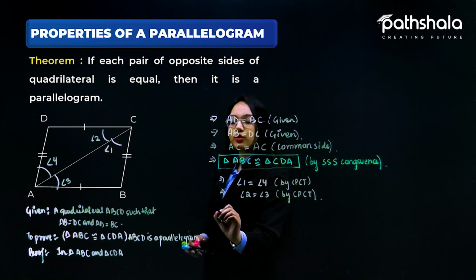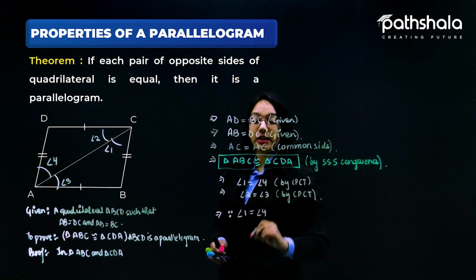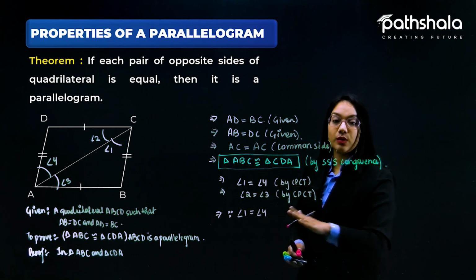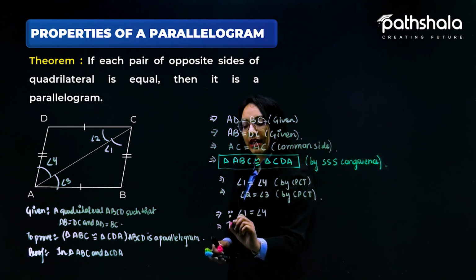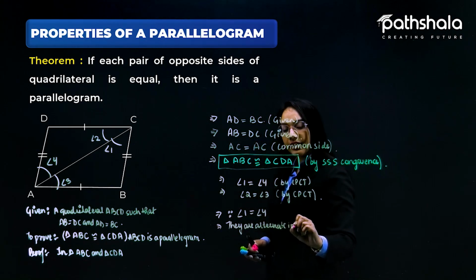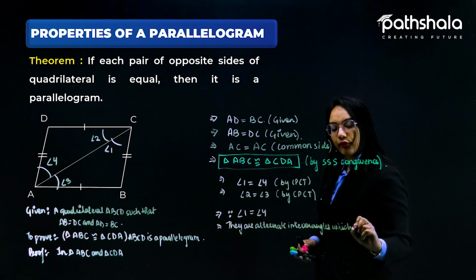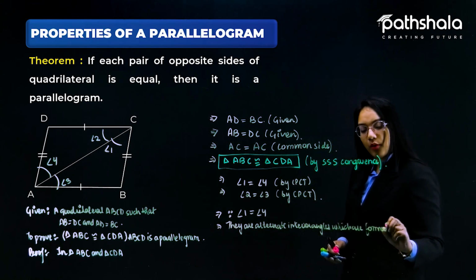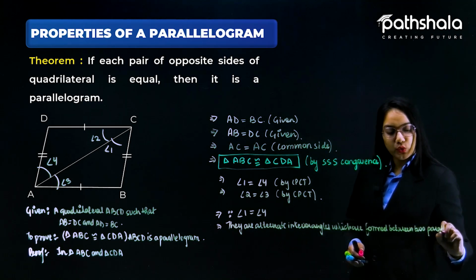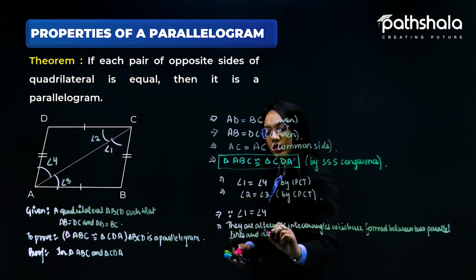Why or how so? Let us talk about these two angles. Since angle 1 is equal to angle 4, it implies that they are alternate interior angles, which are formed between two parallel lines and a transversal.